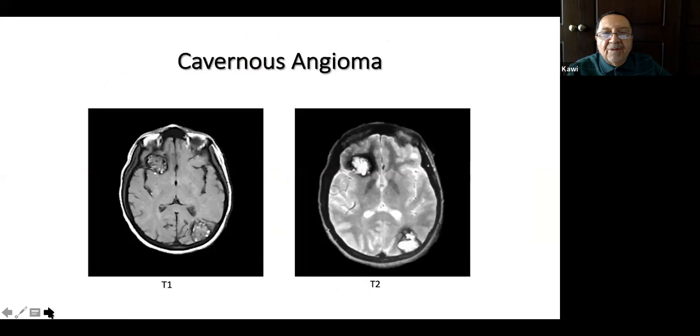And cavernoma is a special, not high flow, form of cavernous angioma, and it usually presents with epilepsy, and its appearance is what they call a popcorn type of appearance on T2 weighted images.